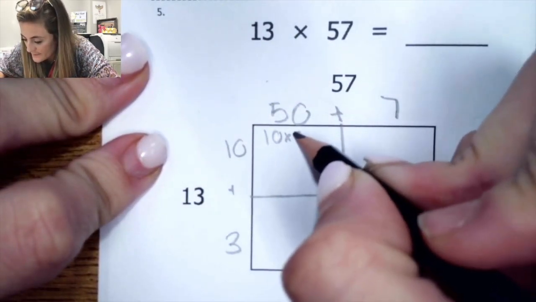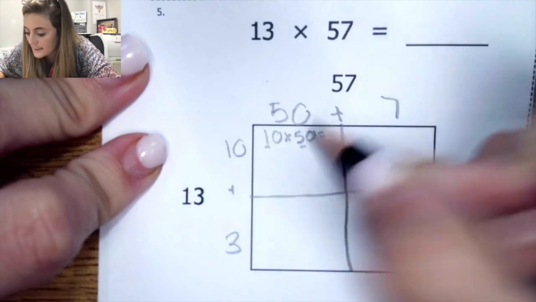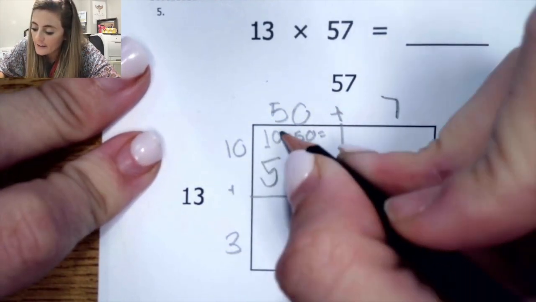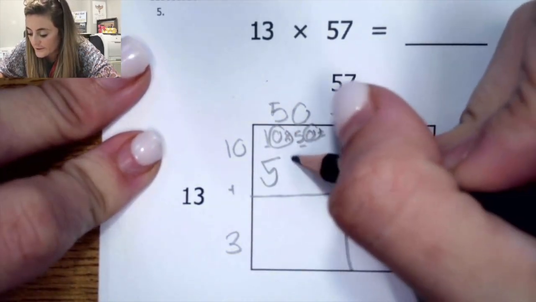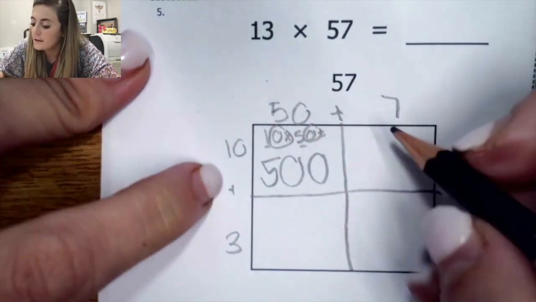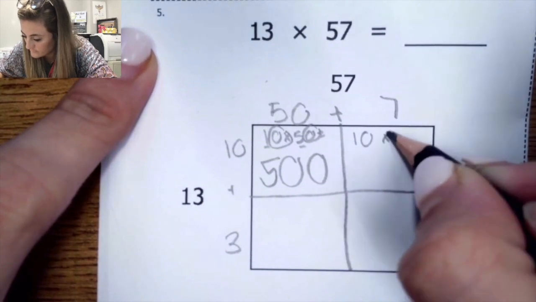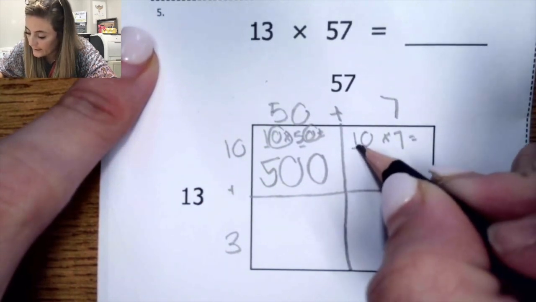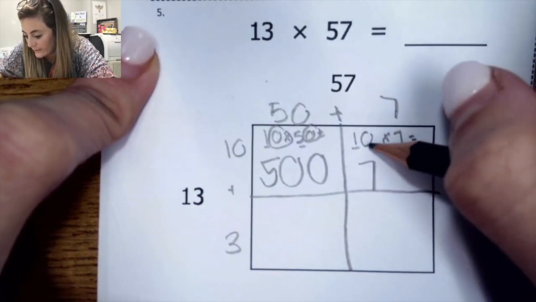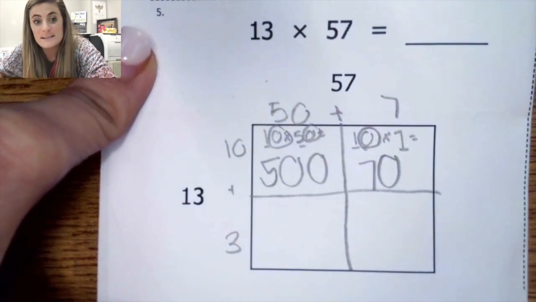So 10 times 50 equals, well, I know 1 times 5 is 5. I have 2 leftover zeros in that equation, so I'm going to add those 2 zeros there. Next up, 10 and 7. Well, 1 times 7 is 7. I have a leftover 0, so I'm going to add it to make 70.